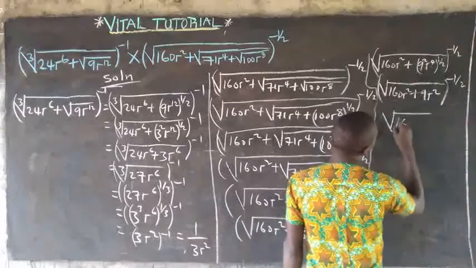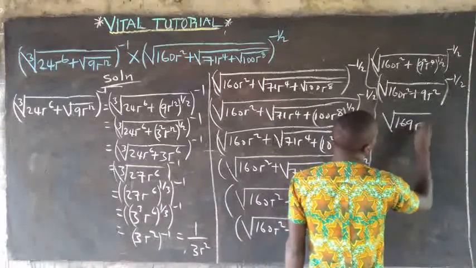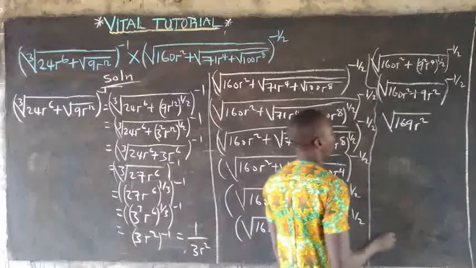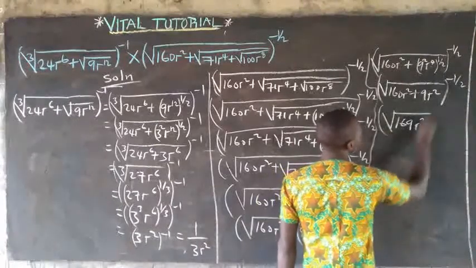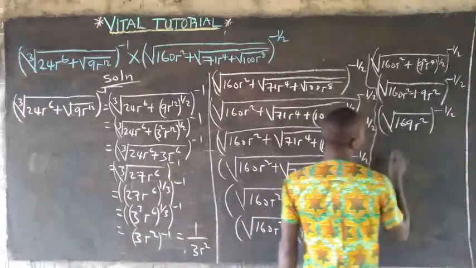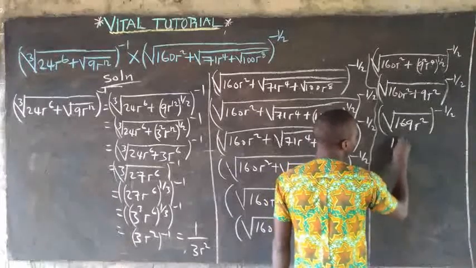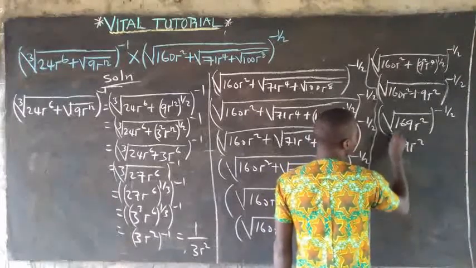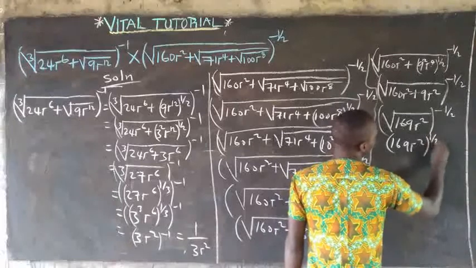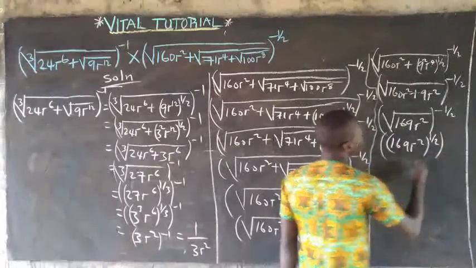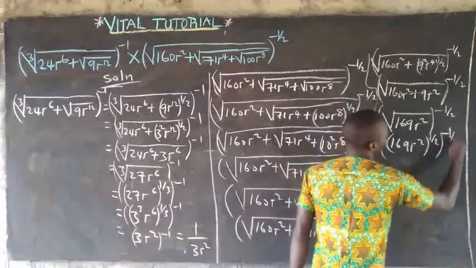And 169 is to the power minus 1 over 2. This is the same thing as 169 r to the power of 2, everything to the power of 1 all over 2. And this one will still be raised to the power of minus 1 over 2.